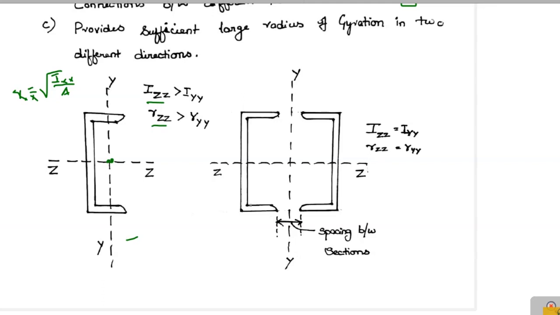See, if this channel section is used as a column to take a certain amount of load, what happens is this column is going to buckle about an axis that is weaker, that has less moment of inertia and less radius of gyration.